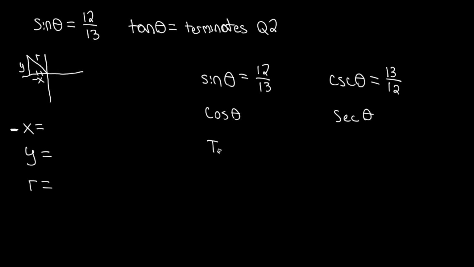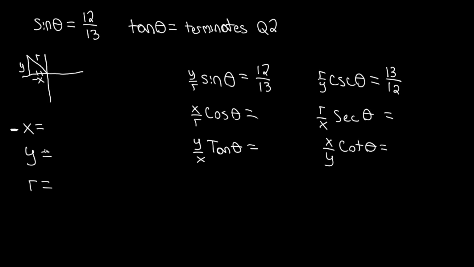We need tangent, and we need the reciprocal of tangent, cotangent. Sine is y over r. Cosecant is r over y. Cosine is x over r. Secant is the reciprocal, r over x. Tangent is y over x. And cotangent is the reciprocal of tangent, x over y.